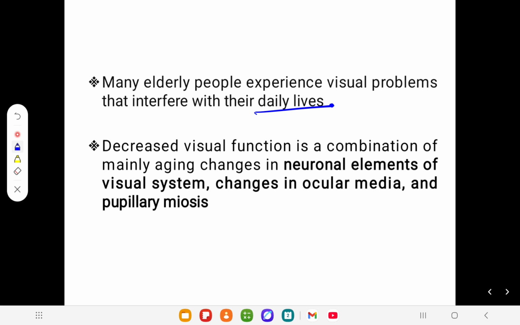So decreased visual function is a combination of mainly aging changes in neuronal elements of the visual system, changes in ocular media, and pupillary miosis. These are all important, isn't it? Neuronal changes means changes in the retina. Ocular media means cataract, or the cornea, or maybe the vitreous, and pupillary miosis, isn't it?